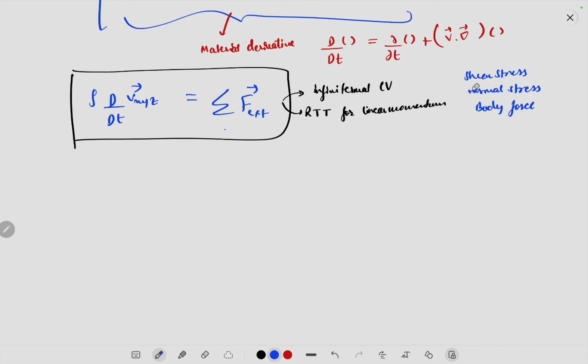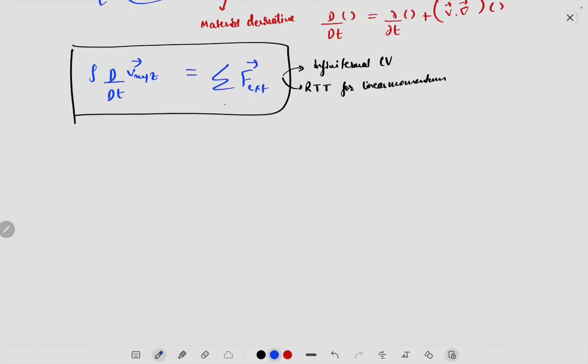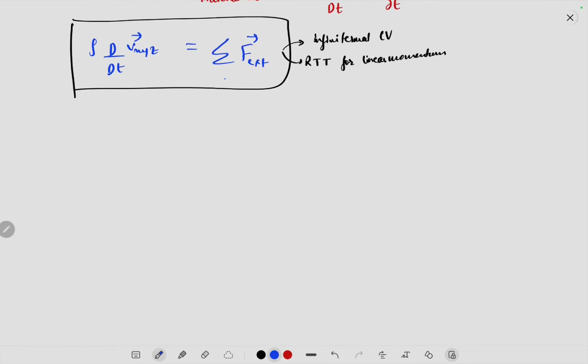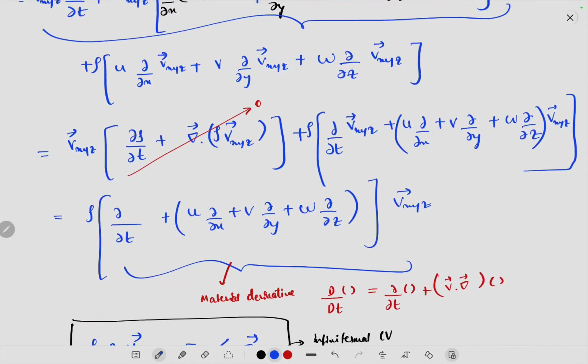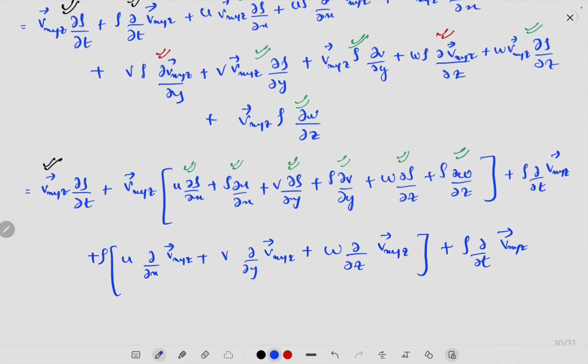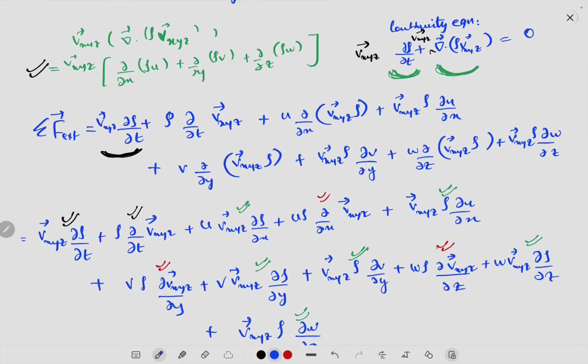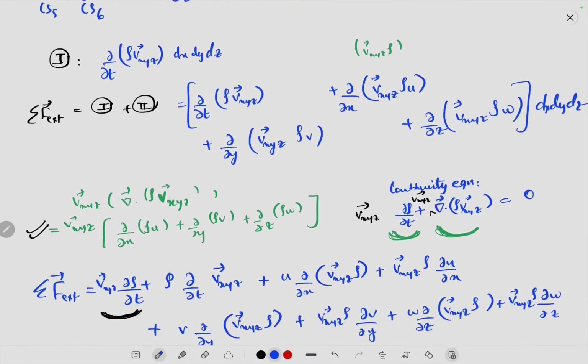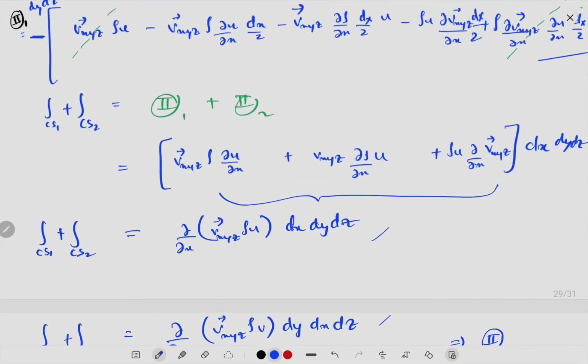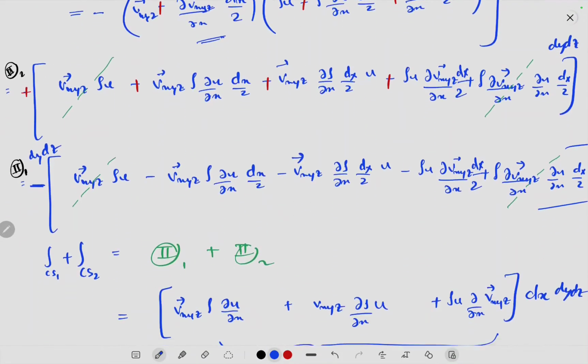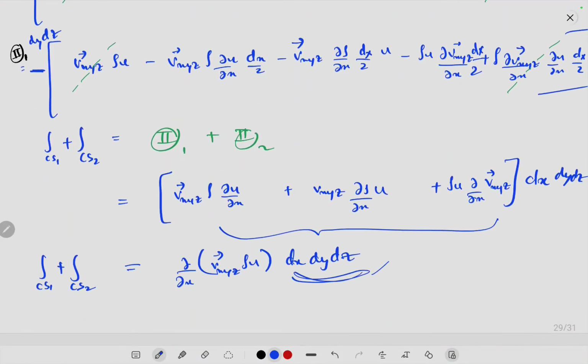But before going in that direction, let's first focus on this expression. Oh, I forgot the dx dy dz term also. So the summation of external forces was 1 plus 2, and there was a dx dy dz term also.